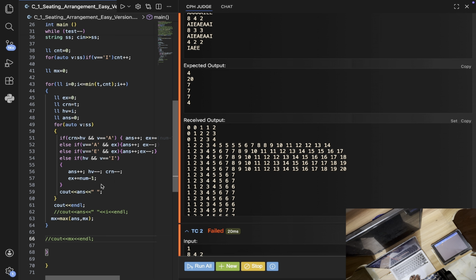Forgot about that. Printing every single game. I didn't want that.